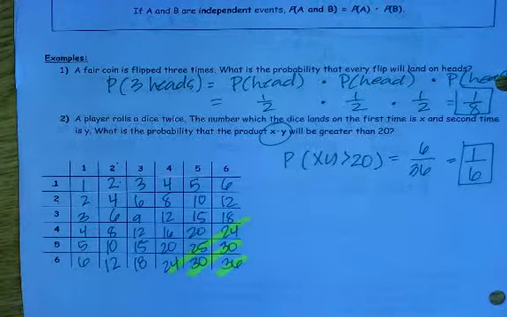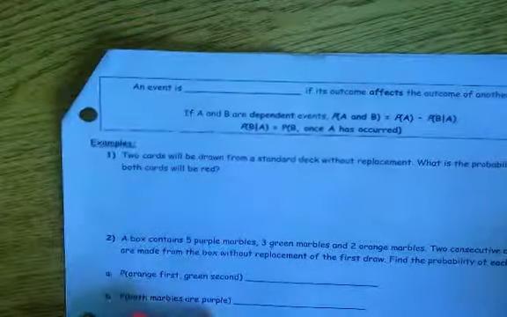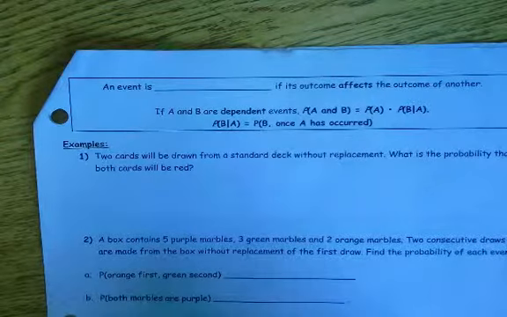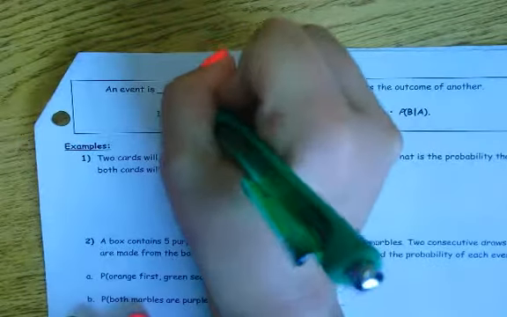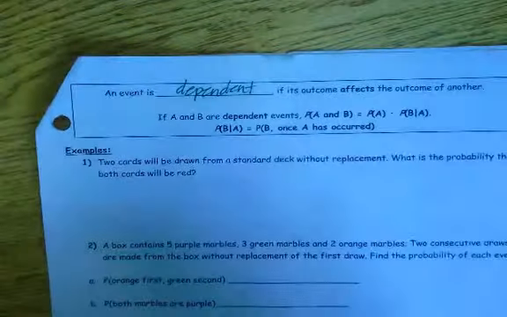Questions on independent events? Okay, an event is blank if its outcome affects the outcome of another. Dependent. A key word for a lot of dependent events is if it says, like, I picked a card and then I didn't replace it.